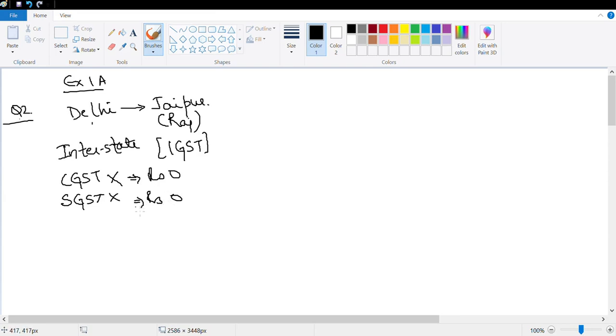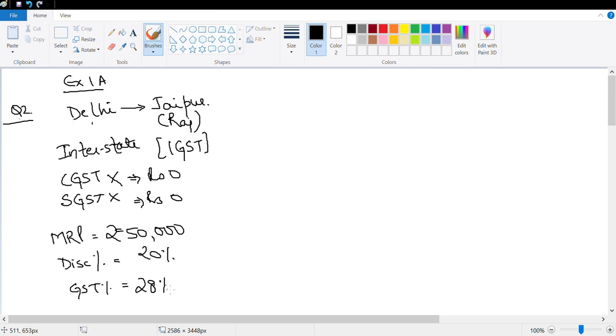Now let's read the question and figure out what all we need to calculate. So MRP is given equal to rupees 50,000. Discount percent is 20%. GST rate, GST percent is 28%. So we need to calculate the discount.